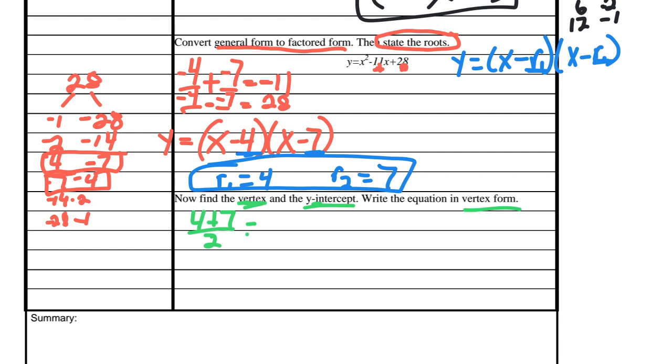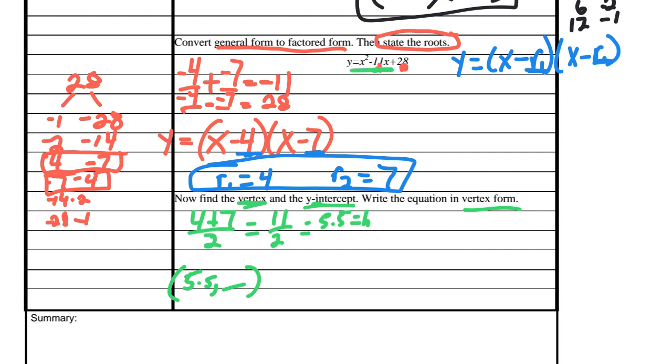So 4 plus 7 is 11, and 11 divided by 2 is 5.5. So I know that 5.5 is h, the first number of my vertex. So 5.5, comma, something.